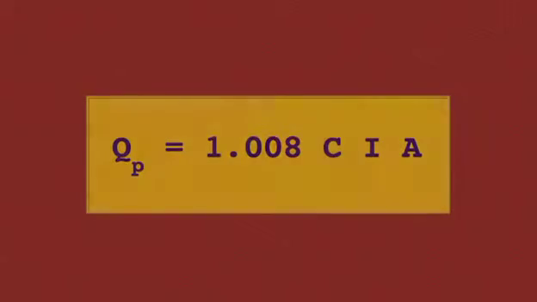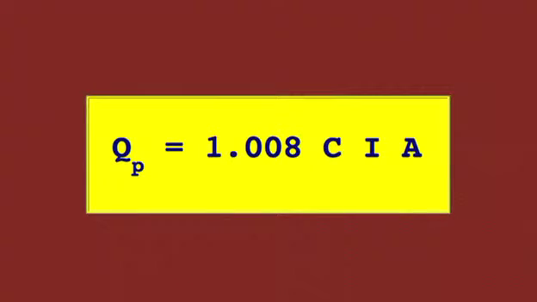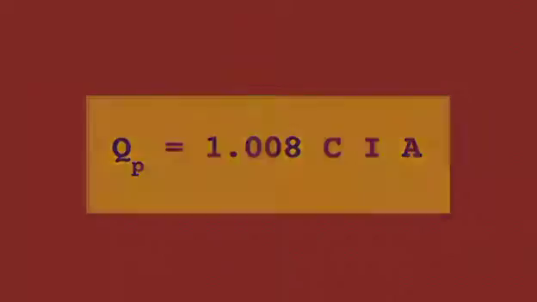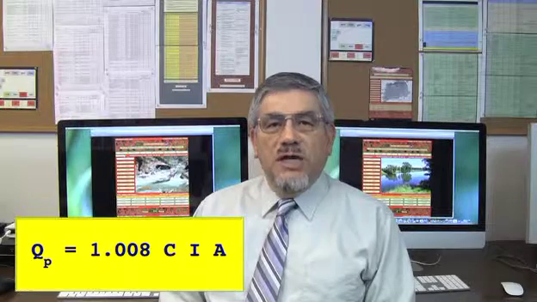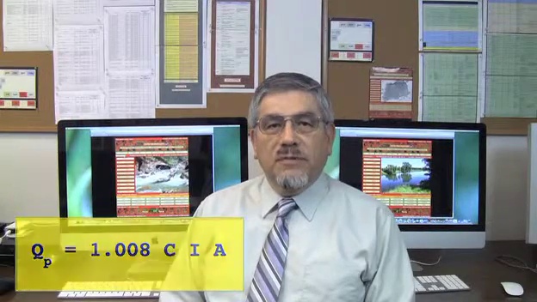For rainfall intensity in inches per hour, area in acres, and peak discharge in cubic feet per second, the unit conversion coefficient 1.008 is usually neglected on practical grounds. The rational method can be solved online with rational.stsu.edu.